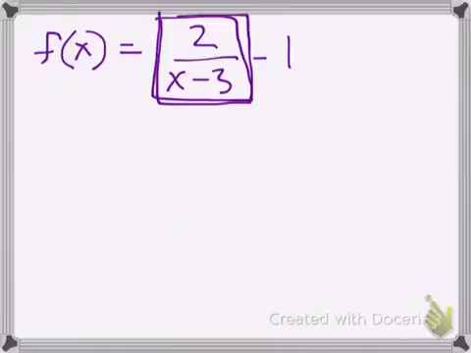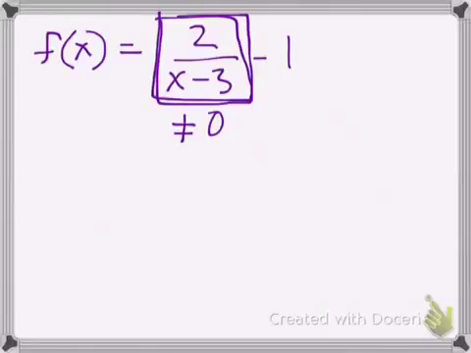Why can it never equal 0? Because the only way you can make a fraction equal to 0 is if the 0 is on top. Can that 2 ever be 0? No. We can't put 0 on the bottom, and if we did, that still wouldn't give us 0. That'd give us something bad. So this part of this expression can never be equal to 0.